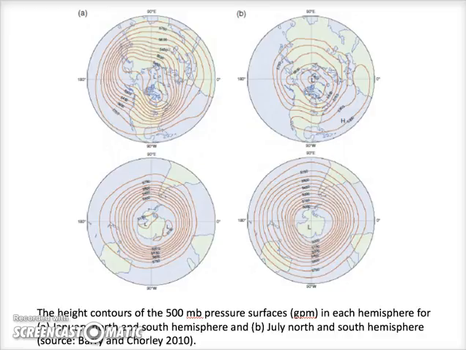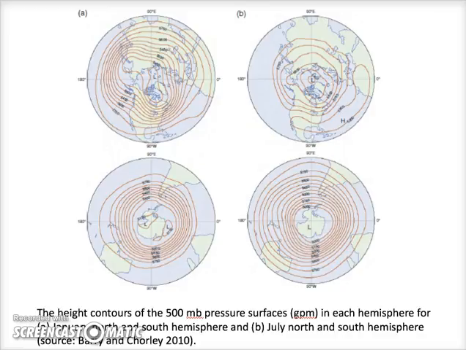In the Southern Hemisphere, the westerlies are mainly zonal, but in the Northern Hemisphere, in winter, there are three major planetary waves or long waves around the hemisphere.